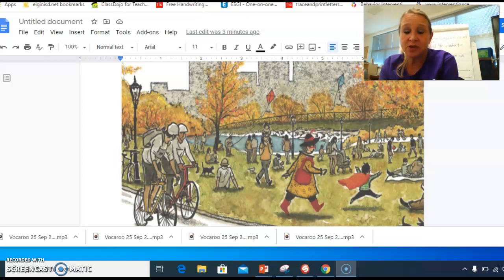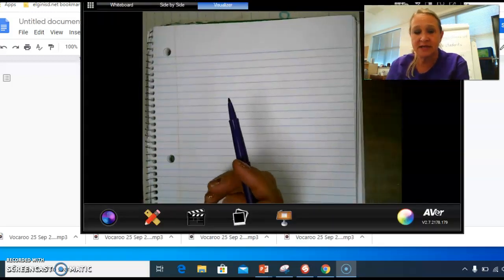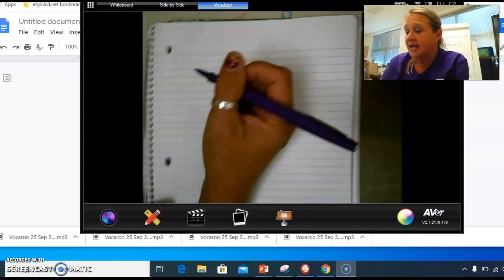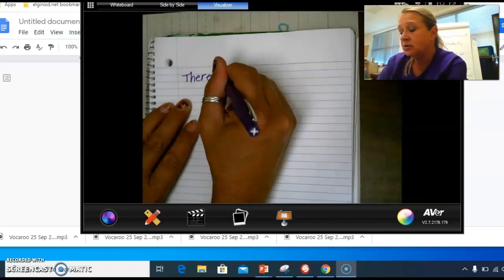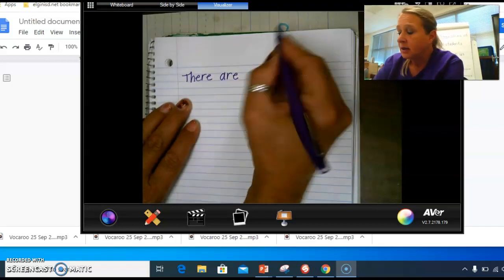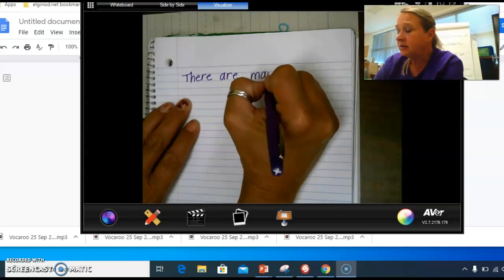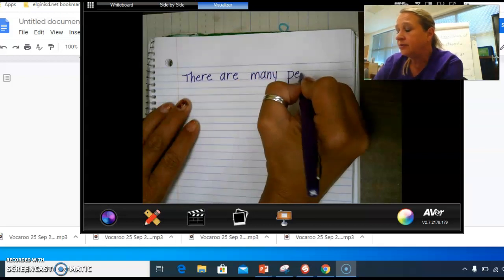So today I'm going to practice writing a sentence that tells about the quantity of an object in the picture. So I'm going to start by sharing my paper with you. Okay, so the first thing I would say, looking at that picture, is that there are many people.